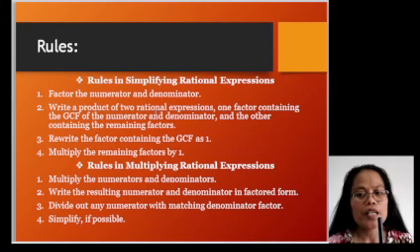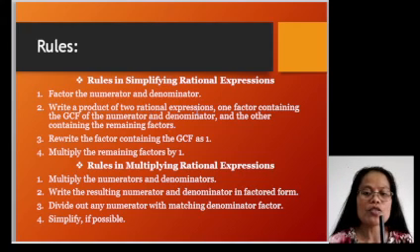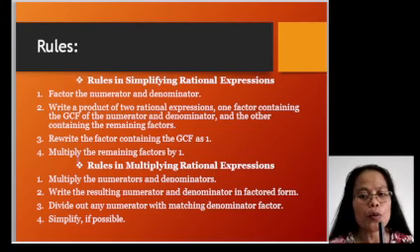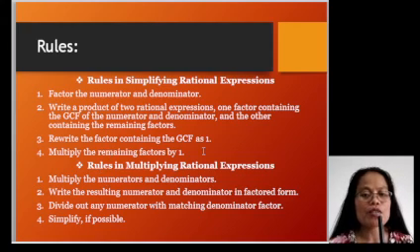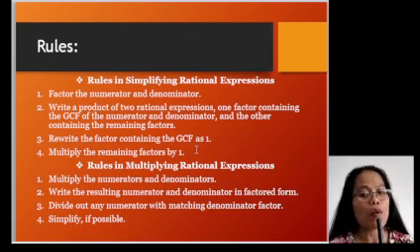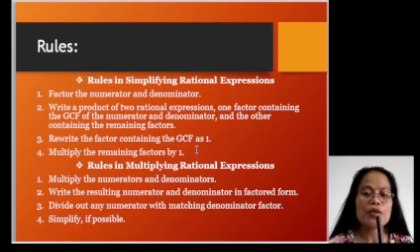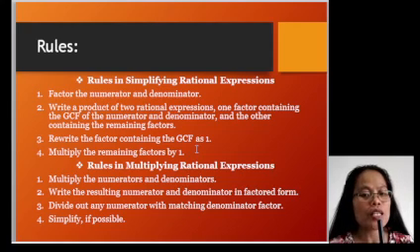Now, if we are going to simplify rational expressions, we have some rules to follow. Number 1, factor the numerator and denominator.